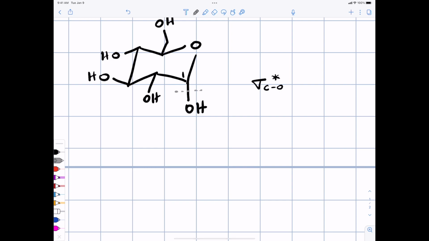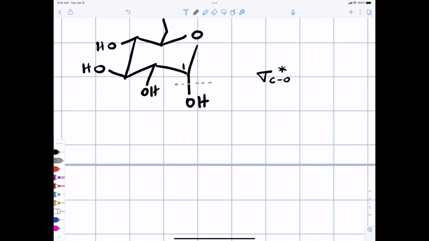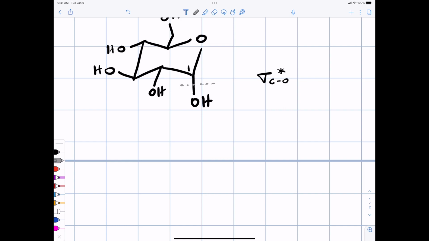There is a node in between the two atoms, and we have small lobes pointing towards that node, and then larger lobes pointing away or opposite the space between the two bonds.